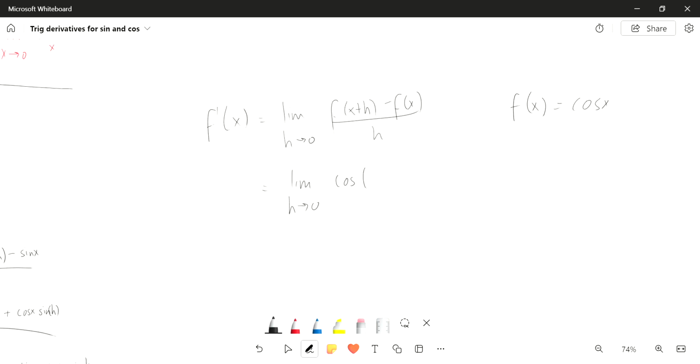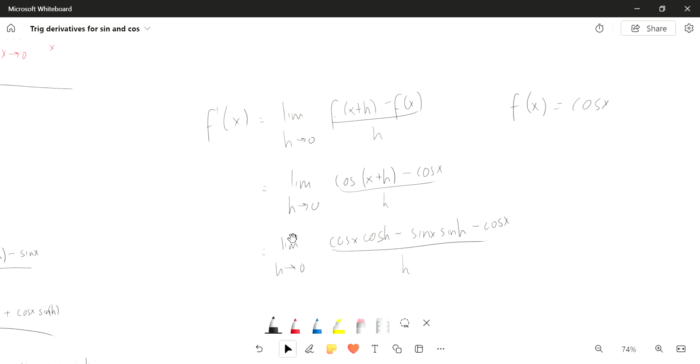So it's cosine of x plus h minus cosine of x all over h. And then once we expand cosine of x plus h, we get cosine x cosine h minus sine x sine h minus cosine x all over h.